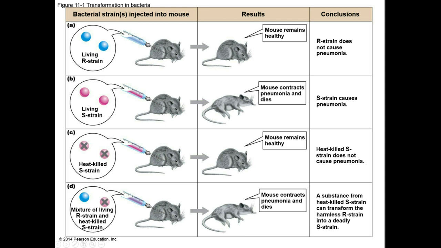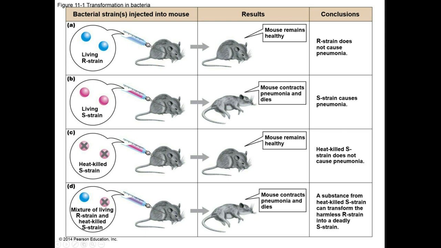So, just in order to make sure it was really nucleic acid and not a protein that caused the transformation in the bacteria, they treated the sample with an enzyme that destroys protein. Yet, this material was still able to transform the bacteria, so clearly the material was not a protein.